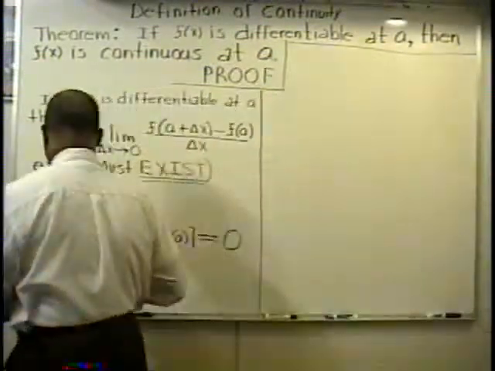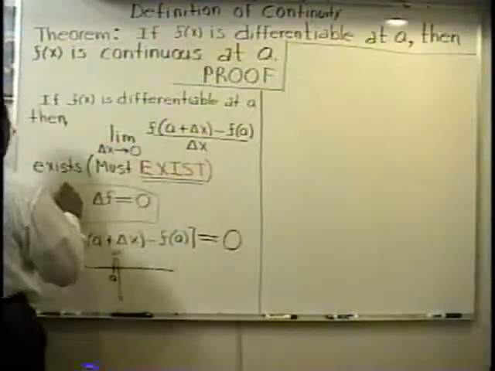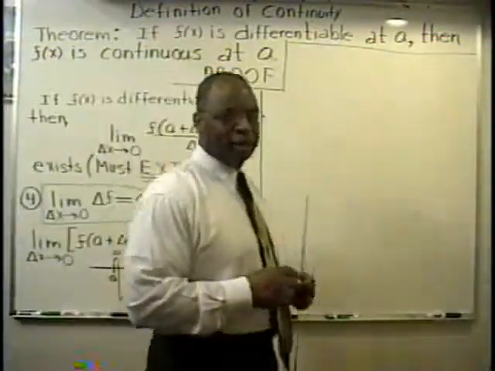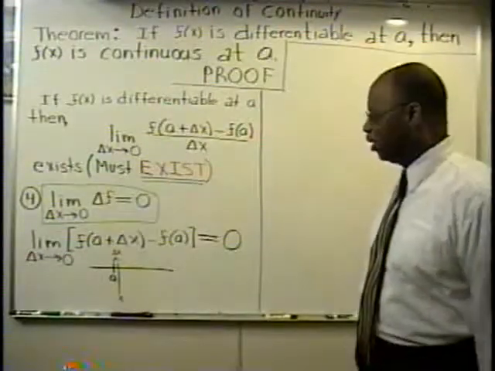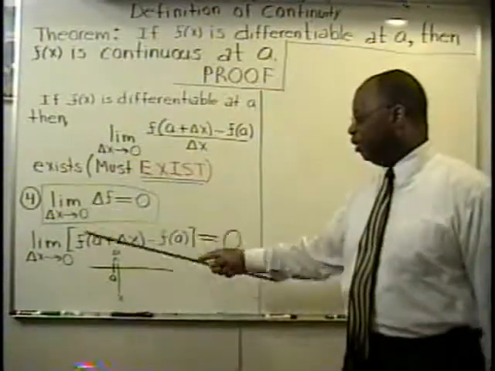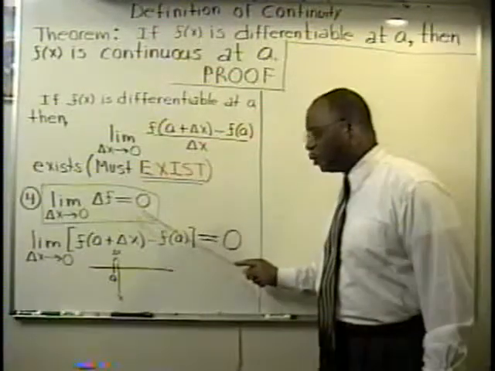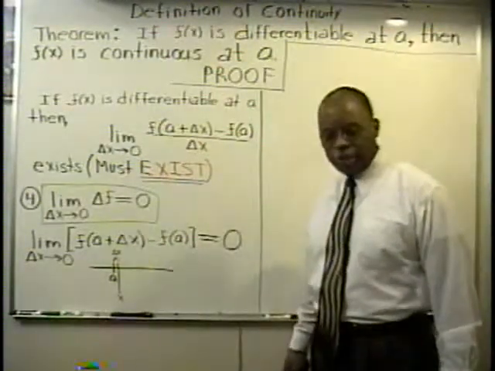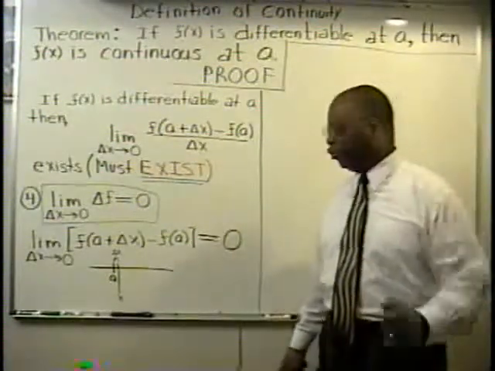This is the critical part that I even missed through some of my years of studying calculus. That is what the definition of continuity tells us: that the limit of delta f as delta x approaches 0 has to be 0 in order for a function to be continuous at a given point.